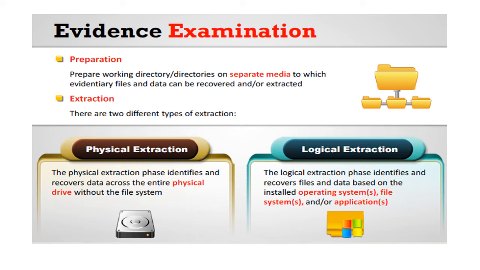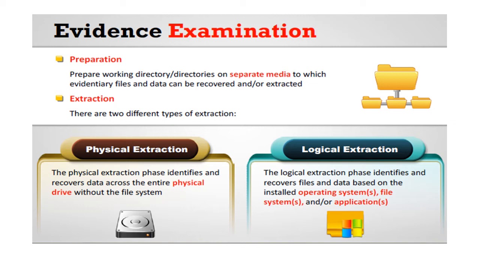During evidence examination, we have two processes that we carry out: preparation and extraction. During preparation, we prepare working directory or directories on separate media to which evidentiary files and data can be recovered or extracted.